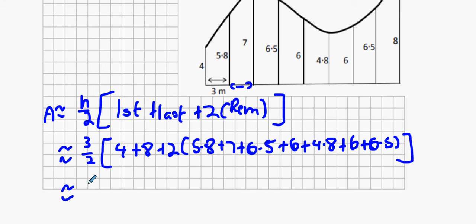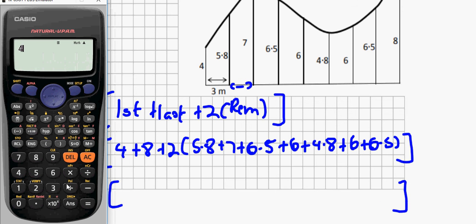I'd be inclined to maybe just do everything in the bracket first. Make your life easy. So 4 plus 8 plus 2 times 5.8, 7, 6.5, 6 plus 4.8 plus 6 plus 6.5.